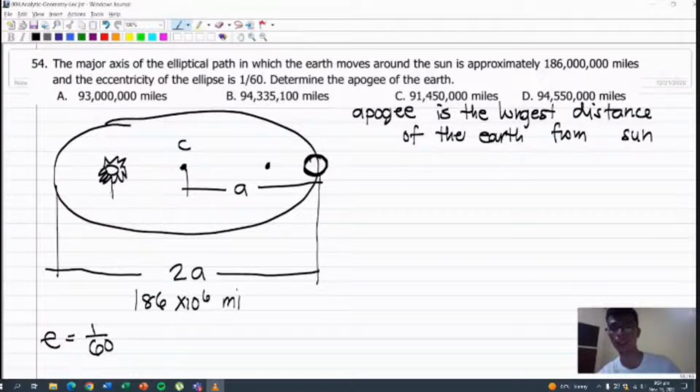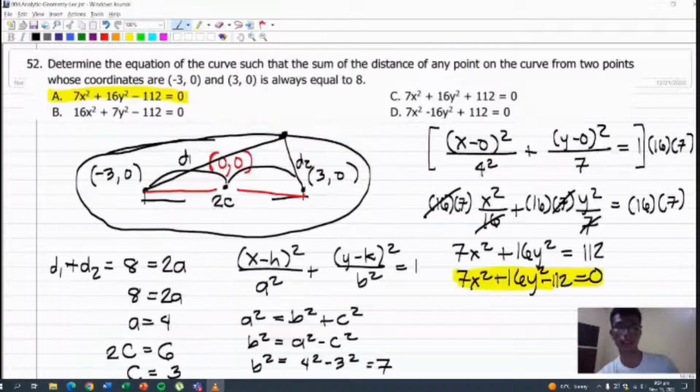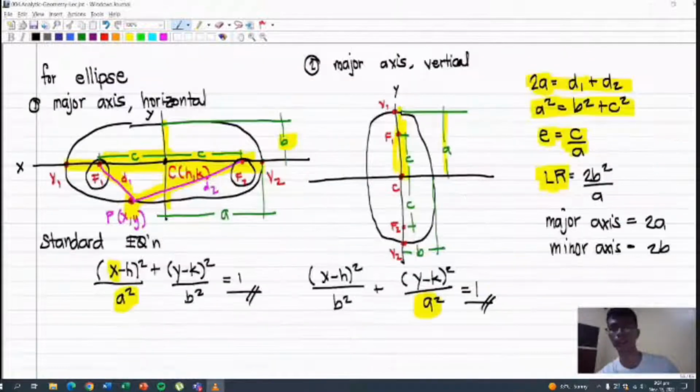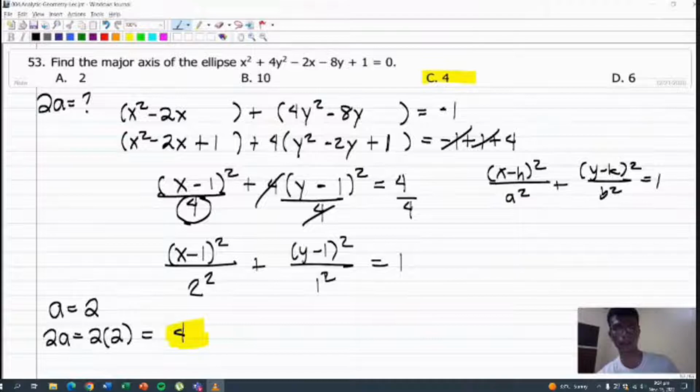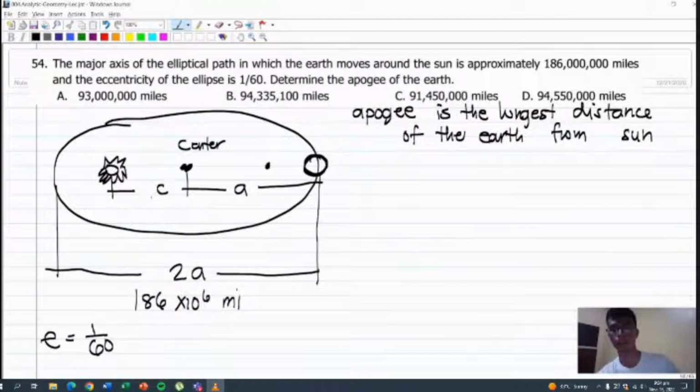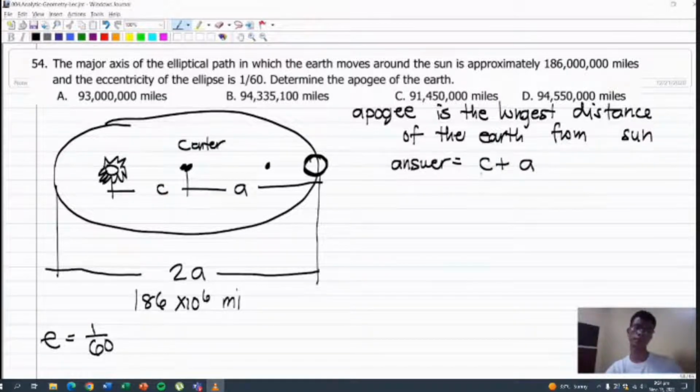So, how about this one? This is a center and a focus sa ating ellipse. The distance between the center and a focus is C. Diba? Center and a focus is C. This is C. So, therefore, ang hinahanap nating answer is the value of C, the distance of C, and dadagdag natin A. So, paano natin makukuha si C?